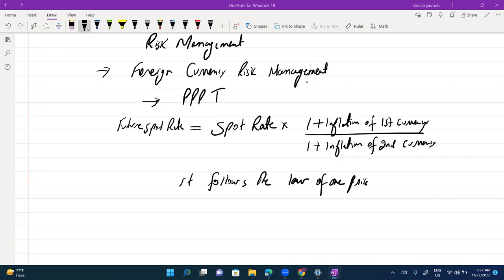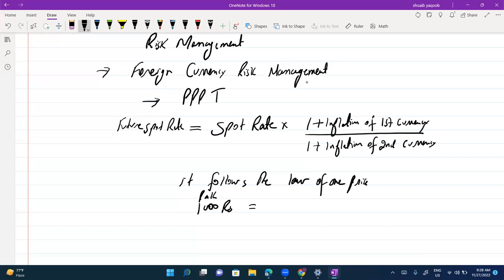If both don't have the same price, exchange rate will move in a way that prices will be set accordingly. For example, if McDonald's one burger has a price of 1,000 rupee in Pakistan, it should have a same price in America.